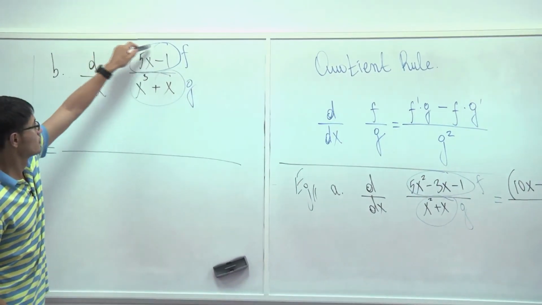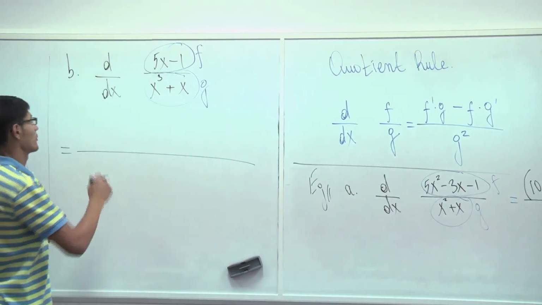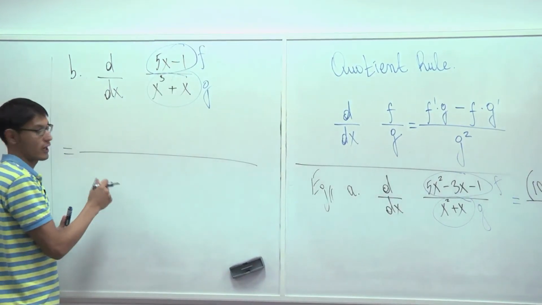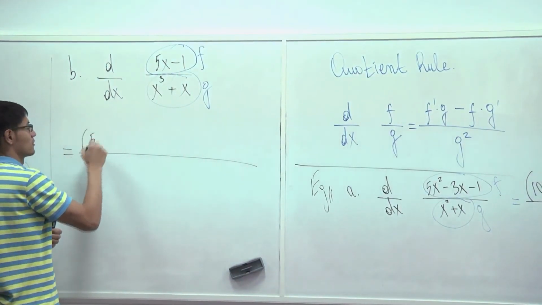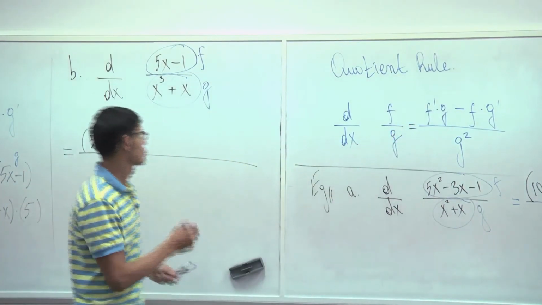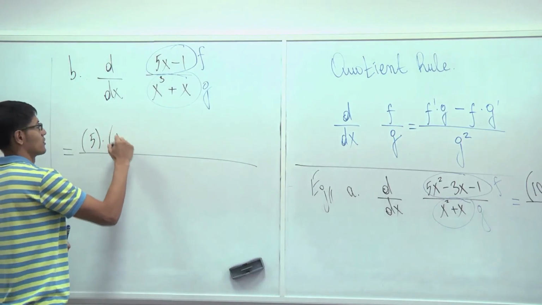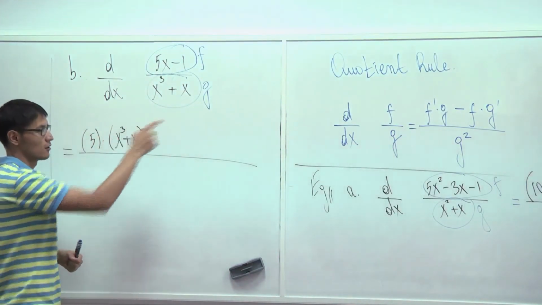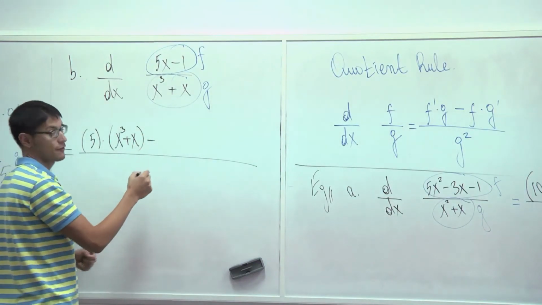So here's f. What's f prime? Well, 5x becomes 5, and this becomes 0, right? So all I get is 5 times g. So just copy the g, x cubed plus x, minus f.